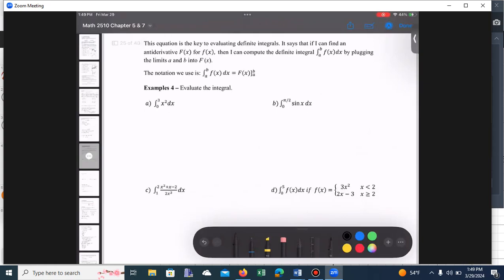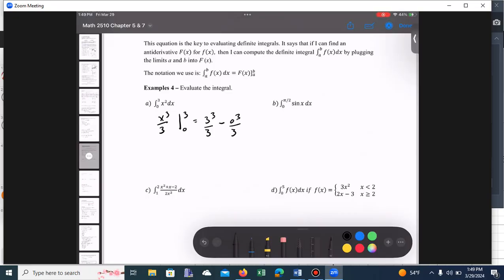Right, and so we want to do the integral from 0 to 3 of x squared dx. We do the antiderivative, so x cubed over 3, and we evaluate from 0 to 3. And that's how we write that. We just do a line from 0 to 3. And what that means is to do 3 cubed over 3 minus 0 cubed over 3.